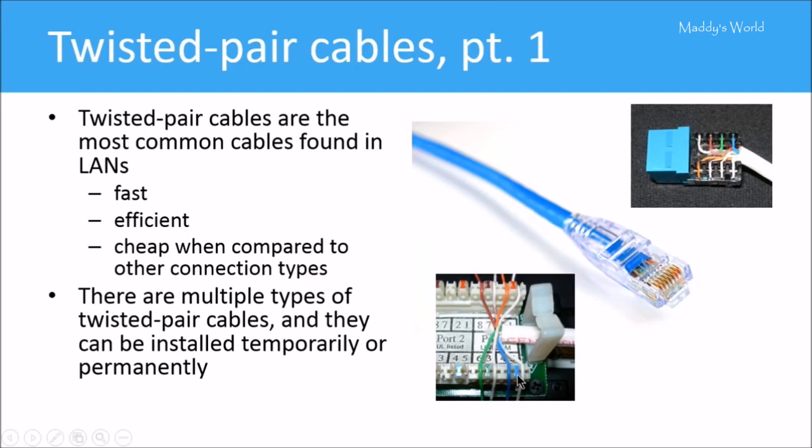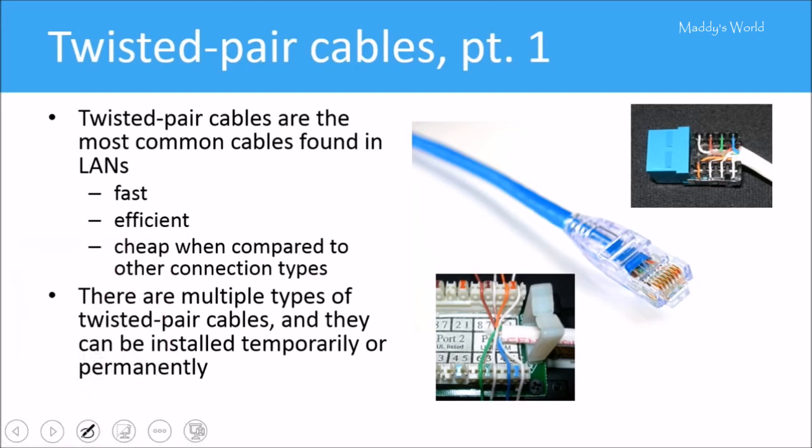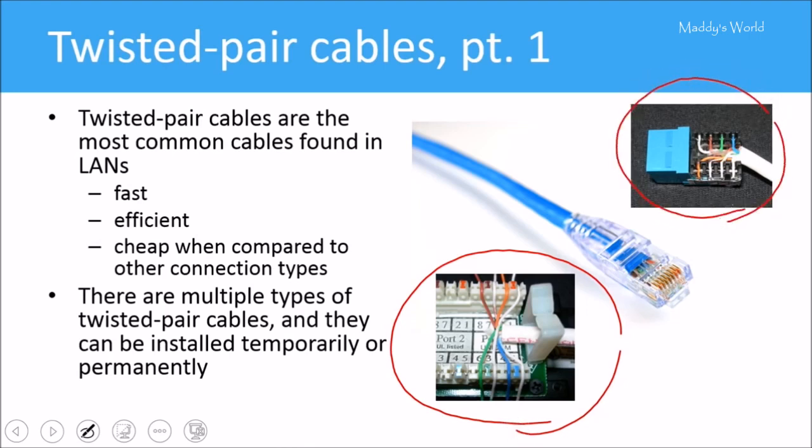If you take a look here on the bottom right of the screen, we have a patch panel there, right? You have a port being terminated up here in the top right of the screen. Those are two permanent installations of twisted pair cables. And here you have something called a patch cable, which we typically refer to as an Ethernet cable.